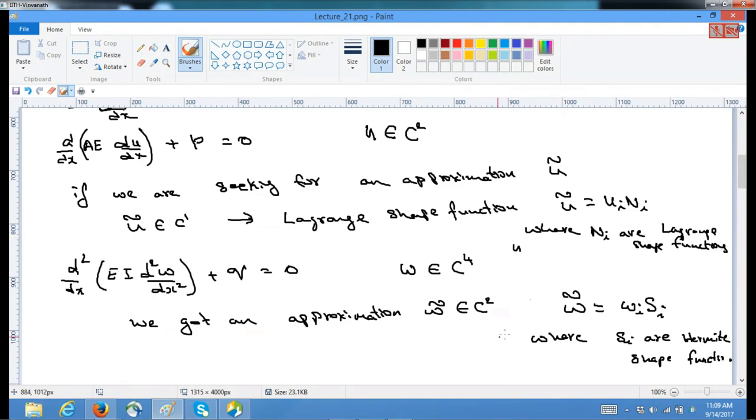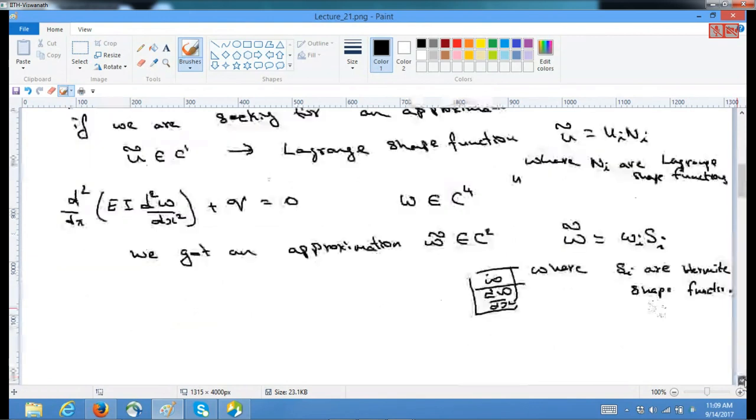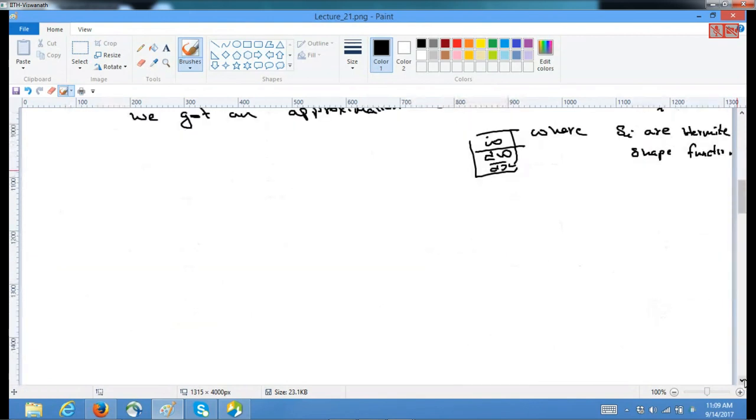So it has one more multiplicity than the Lagrange shape functions; these are Hermite functions. And we also have shown a little bit of the same thing in the two-dimensional state in the previous class. But still let me just repeat it.